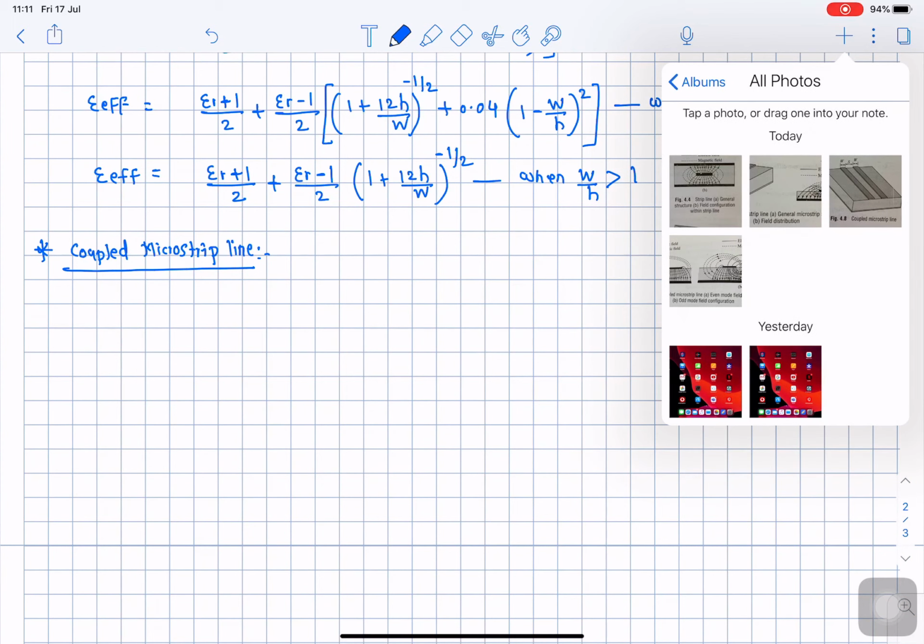If you make use of two microstrip transmission lines which are separated by a certain distance s, and having equal widths w over the same substrate, please remember this is the same substrate. At the bottom of this substrate again you will find a ground plane, and the height of this substrate is given by h. The width is the same for these two transmission lines, that means the two microstrip transmission lines are exactly identical, w by h.